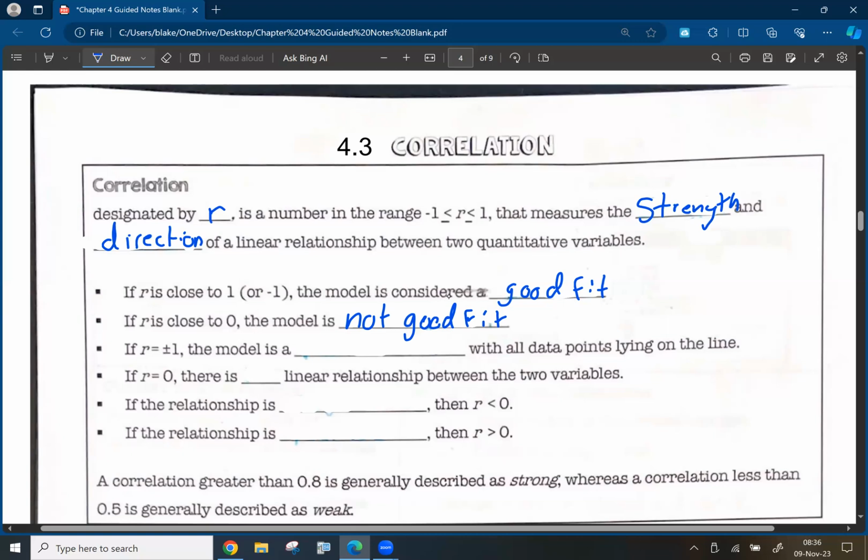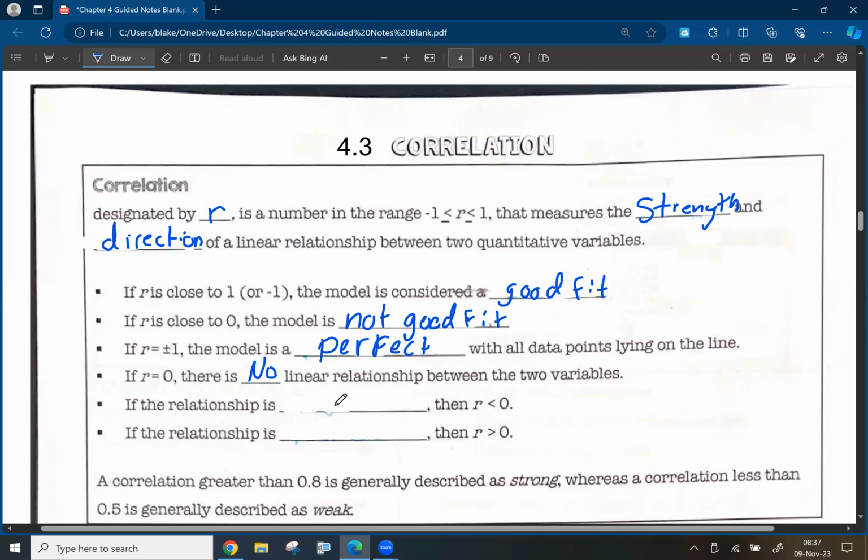negative. If R is exactly 1 or exactly -1, the model is a perfect fit. Keep in mind, this is true for -1 and +1, right? -1 is a perfect negative fit, and +1 is a perfect positive fit. If R equals 0 exactly, there is no linear relationship.